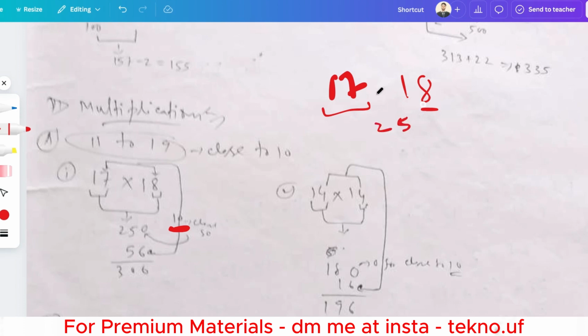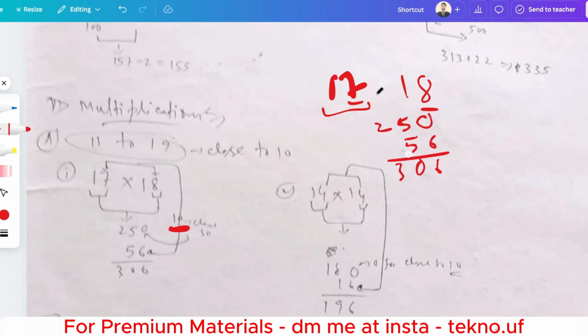Then as it is close to 10, add 10 here. Then this last digit and here last digit, you have to multiply that. That is 56. So you can just add that, and that is 65503. Okay, so this is the shortcut trick.